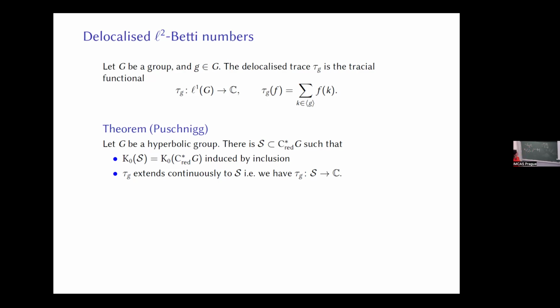As such, we cannot extend this functional to the level of C star reduced. That would be our aim, but we cannot do it. But Puschnitz's smooth subalgebra constructs something defined on this smooth subalgebra, and if we extend it to the K-theory level, we get a trace defined on K0 of C star reduced of G. That is what Puschnitz's construction gives.